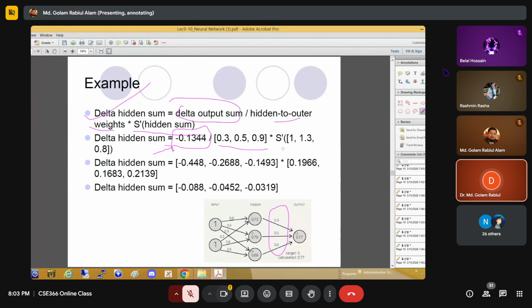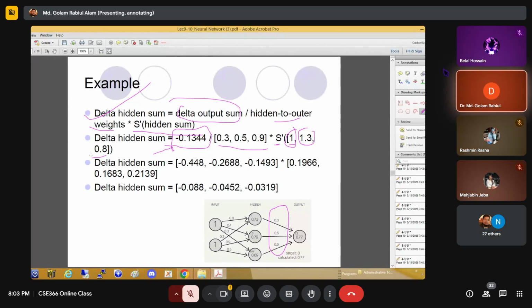So the hidden sums are 1, 1.3, and 0.8. For these we have already calculated the sigmoid of 1, sigmoid of 1.3, and sigmoid of 0.8.